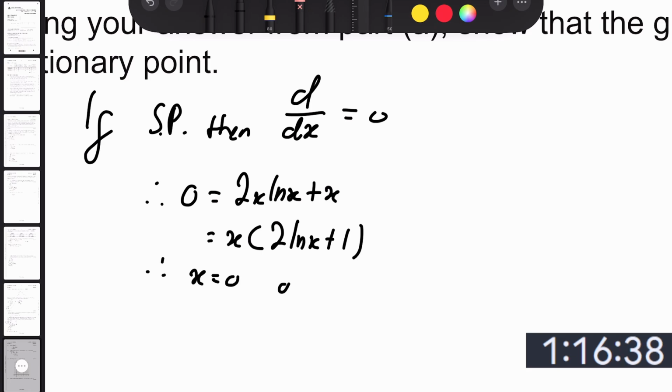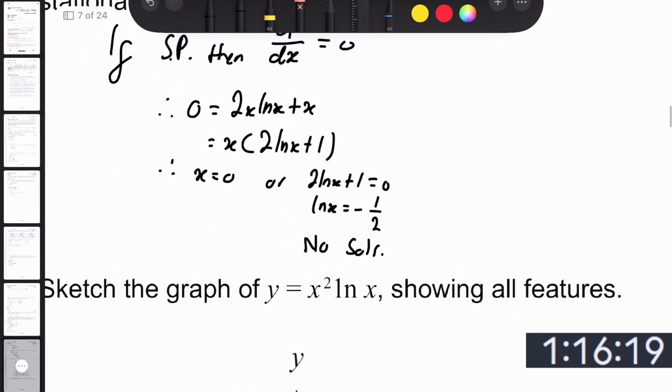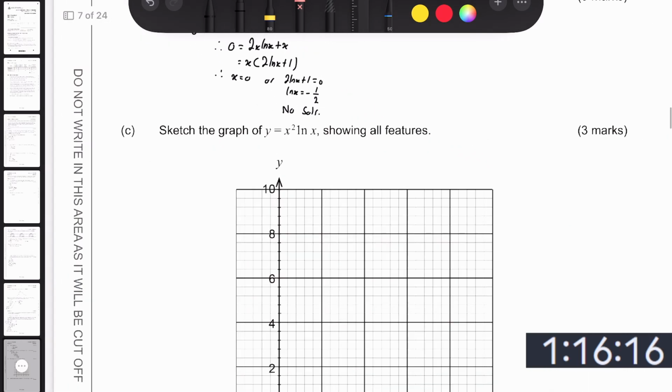Therefore x equals 0, or 2 ln of x plus 1 equals 0. So then ln of x is equal to negative 1 on 2. And this has no solutions because ln of x cannot become a negative. It has to be positive. So there's no solutions for that value.